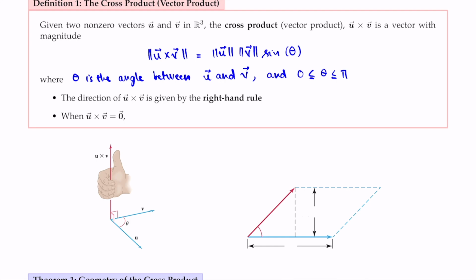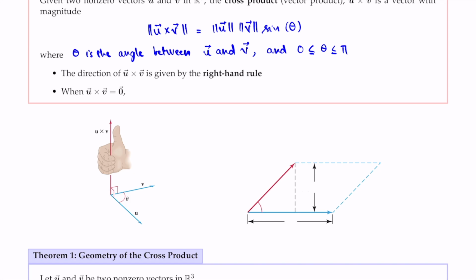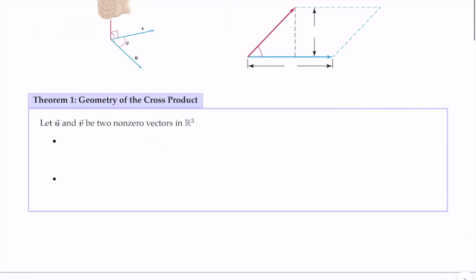And the cross product is going to be orthogonal to both u and v. And when the cross product is equal to the zero vector, the direction of the cross product is undefined.